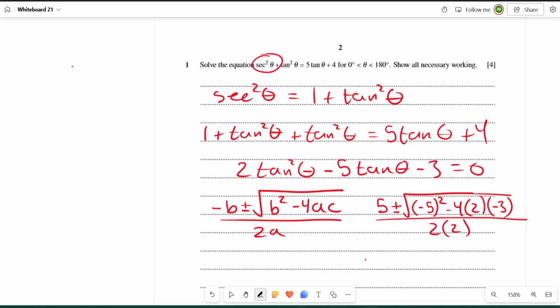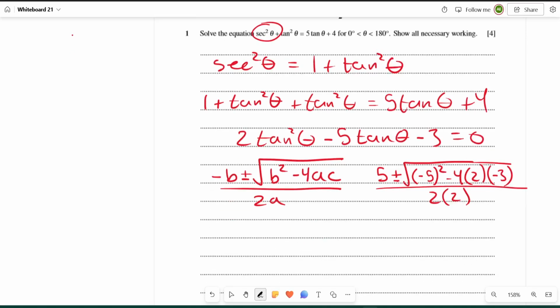So here I'm going to get two values, one when this is plus and one when this is minus. So my tan theta is going to equal 5 plus square root of 5 squared minus 4 times 2 times negative 3 over 2 times 2. The first answer is tan theta equals 3.